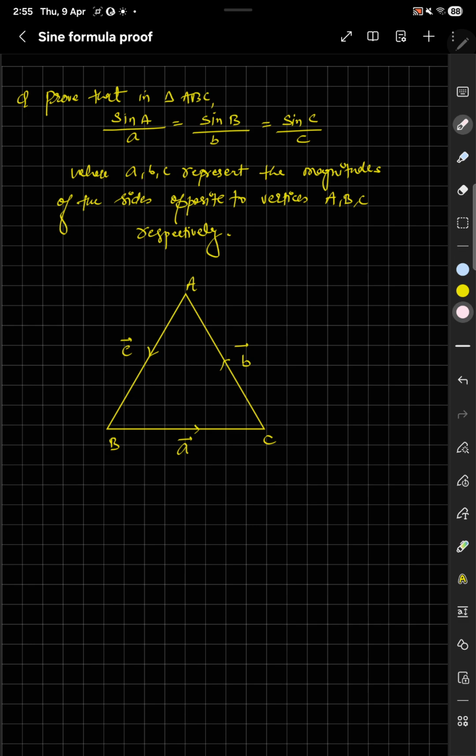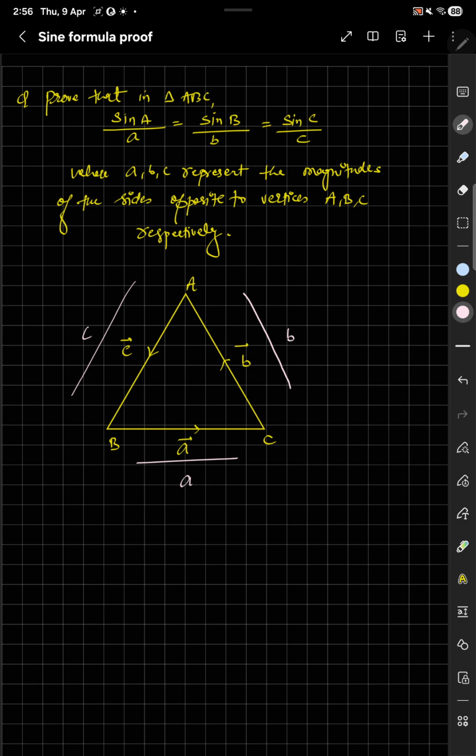So the magnitude of side BC is a, the magnitude of side CA is b, and the magnitude of side AB is c. Why are these named like this? Because this side is opposite to the angle A, this side AC is opposite to the angle B, and this side AB is opposite to the angle C.